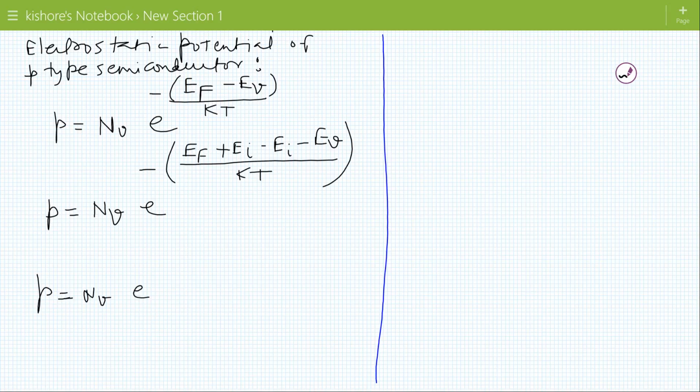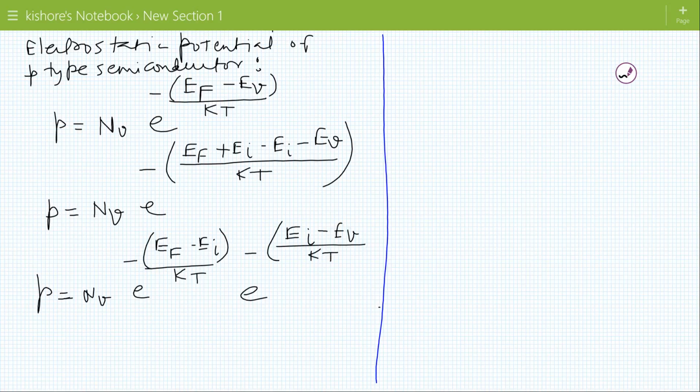e to the power minus of EF minus EI by KT, and e to the power minus of EI minus EV by KT.